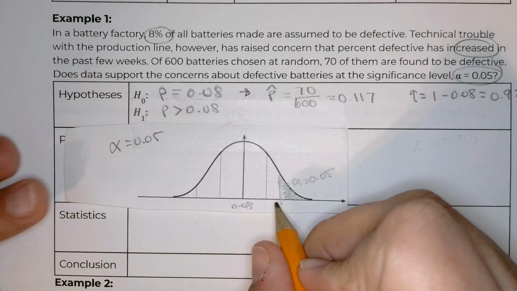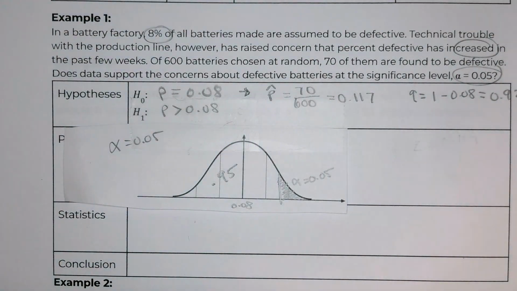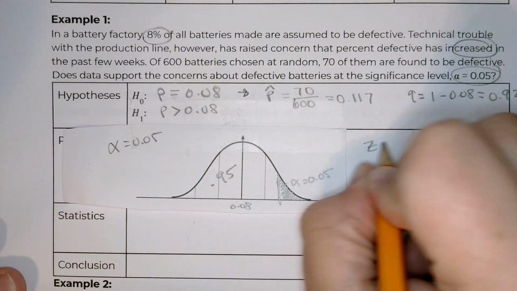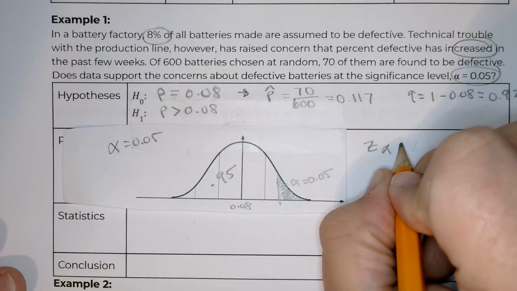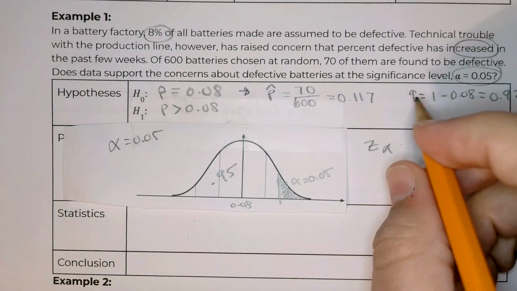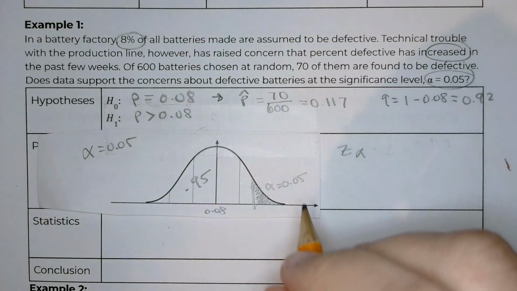We need to know on the normal curve, if that's 0.95, what is z alpha, or z 0.05. So we're going to check our table.